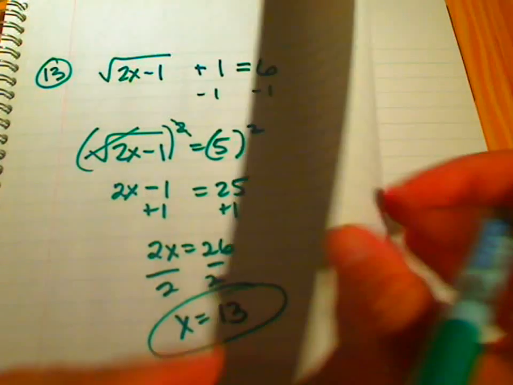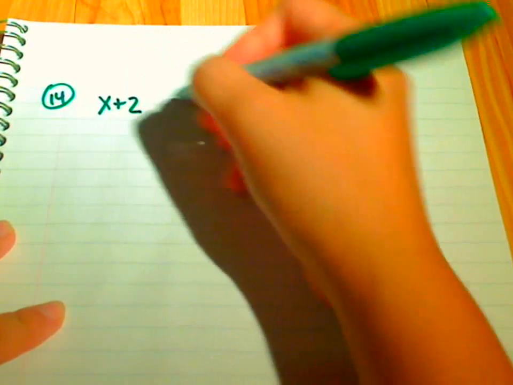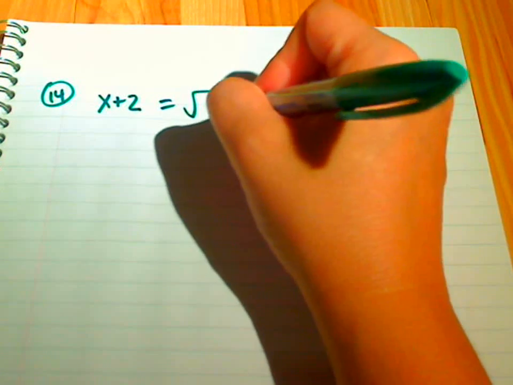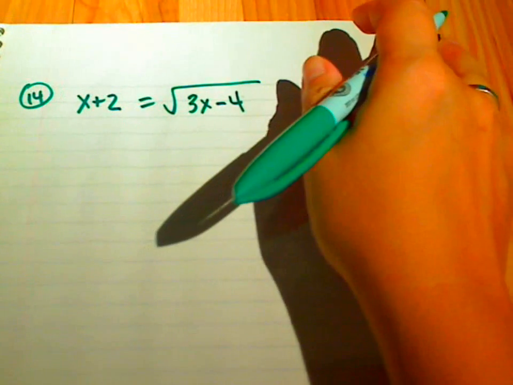So on problems like number 14, we have x plus 2 equals the square root of 3x minus 4.